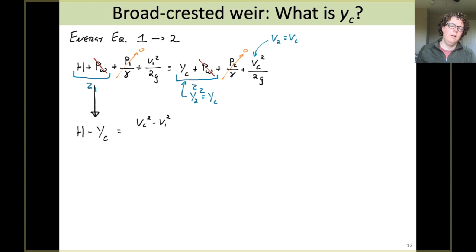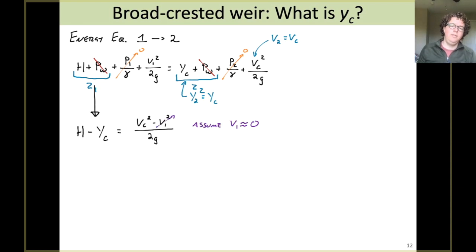What we have left is capital H minus critical depth yc, or the change in elevation from the head above the weir at point 1 to the depth above the weir at its ending point. So H minus yc is equal to the change in velocity head, Vc squared minus V1 squared over 2g.